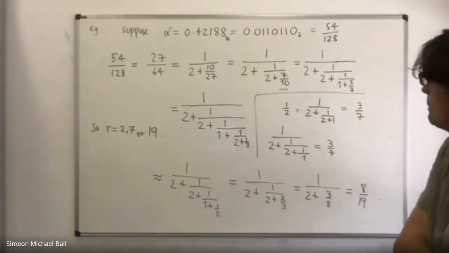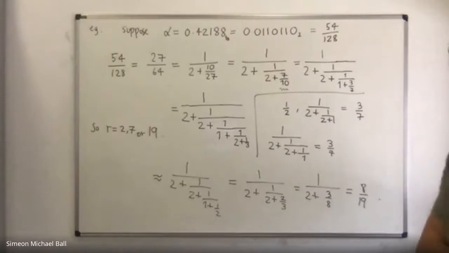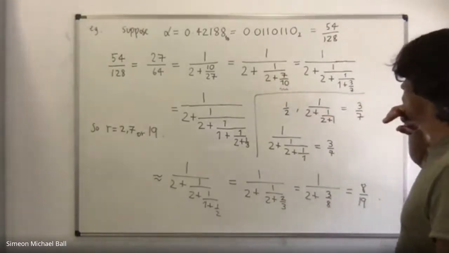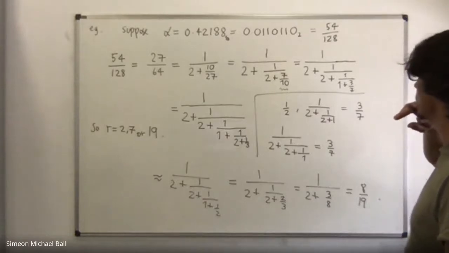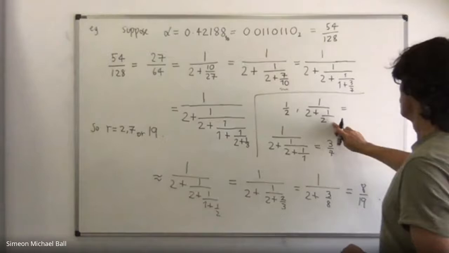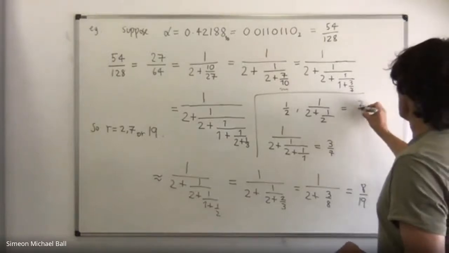You might be right. Maybe you're right. It wouldn't matter. All it means is that you get a larger set of approximations. But yes, maybe you're right. Maybe it should be. So in which case, this second one would be 2/5, no?